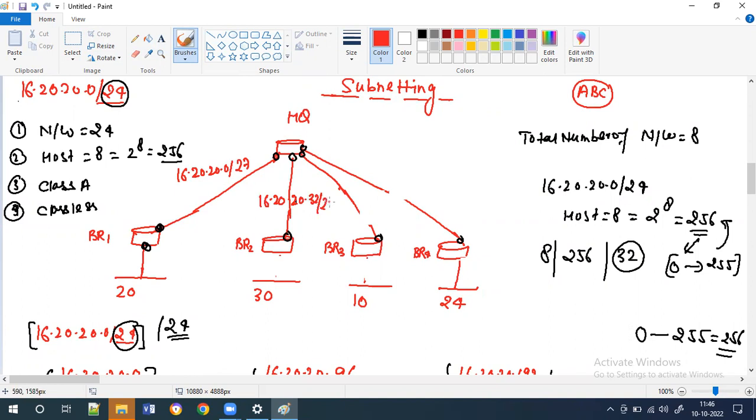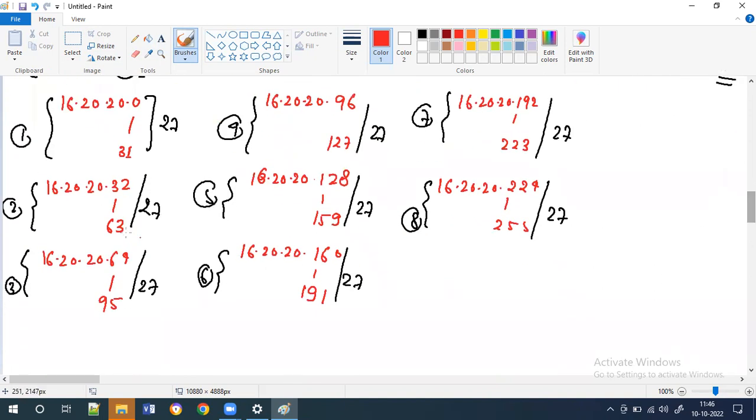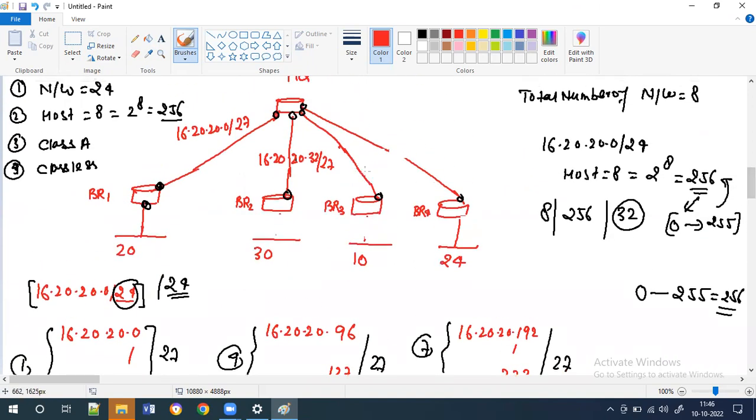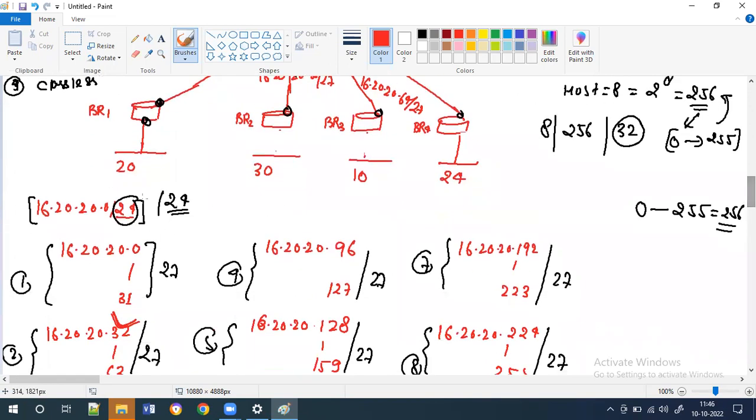16.20.20.32/27, the starting IP address. The next pool, 16.20.20.64/27, 16.20.20.96/27. Next here, 16.20.20.128/27.